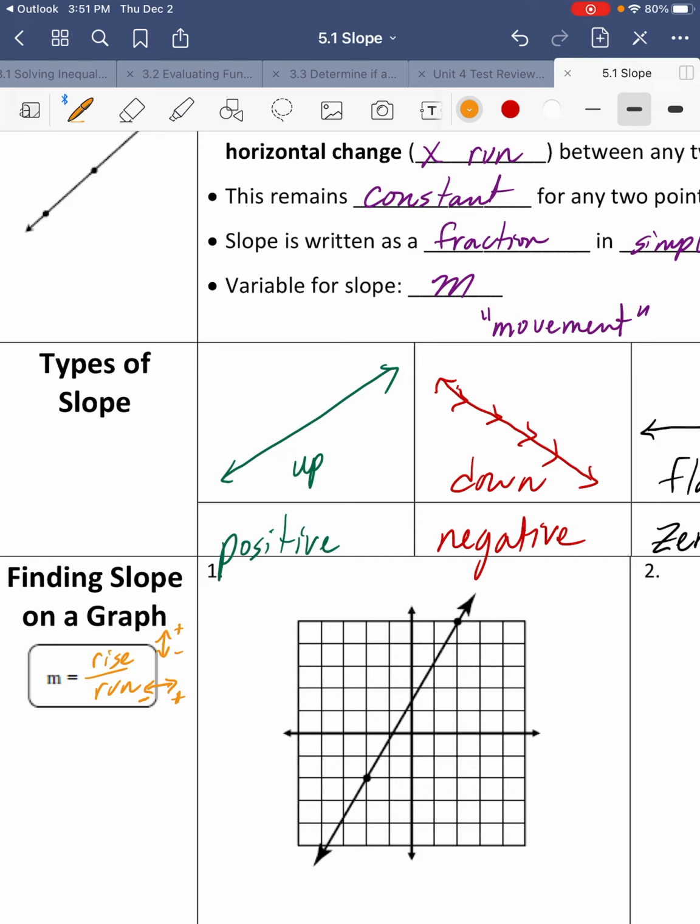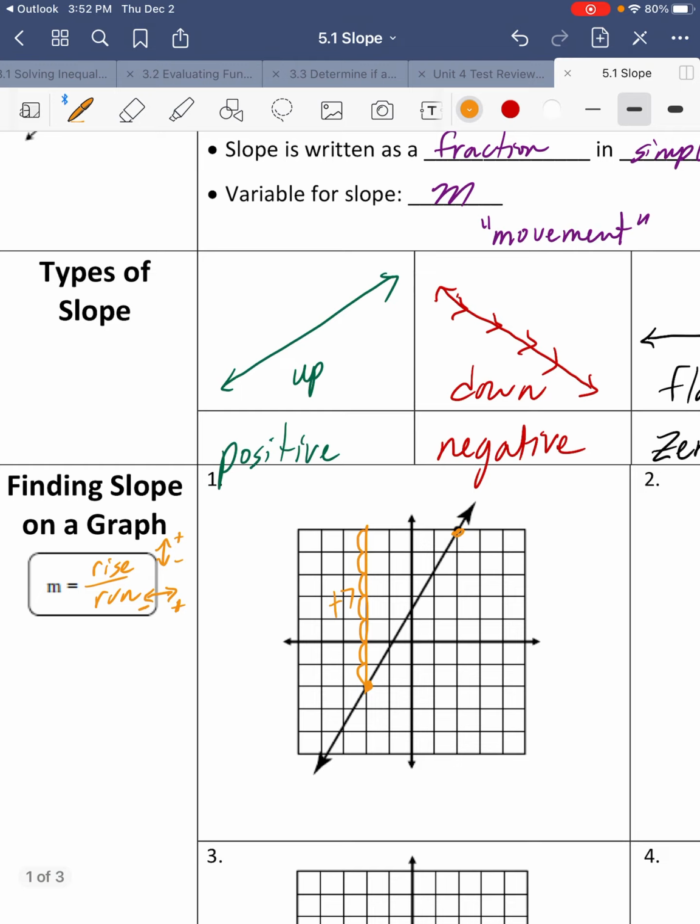So let's pick some points. Oh, there are already coordinates here, so let's pick those 2 coordinates. You start on the left, and how many up do you have to go? 1, 2, 3, that's 0. 1, 2, 3, 4, 5, 6, 7. So we're going up 7.